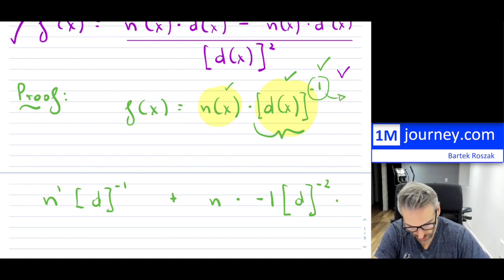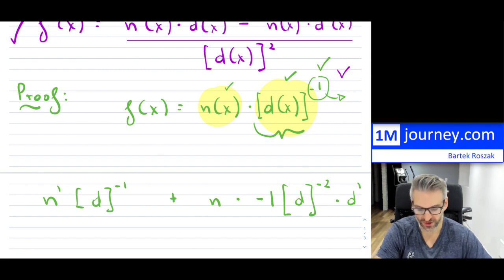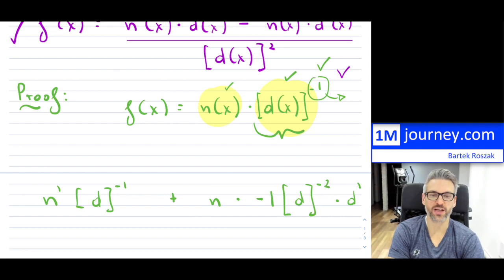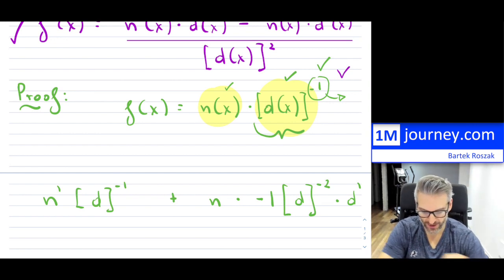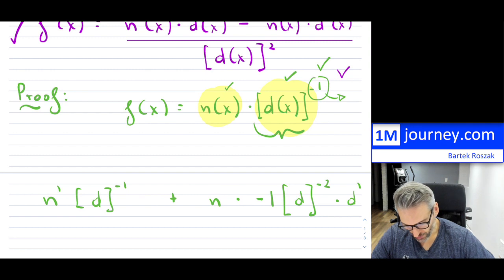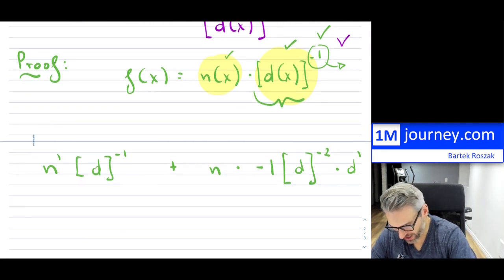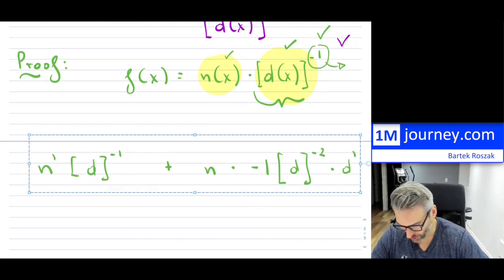And it's going to be multiplied by the derivative of whatever is inside of here, which is just the derivative of d on its own. That comes from the chain rule. And again, if you've forgotten about the chain rule, I'll put up a link up above there for you if necessary.